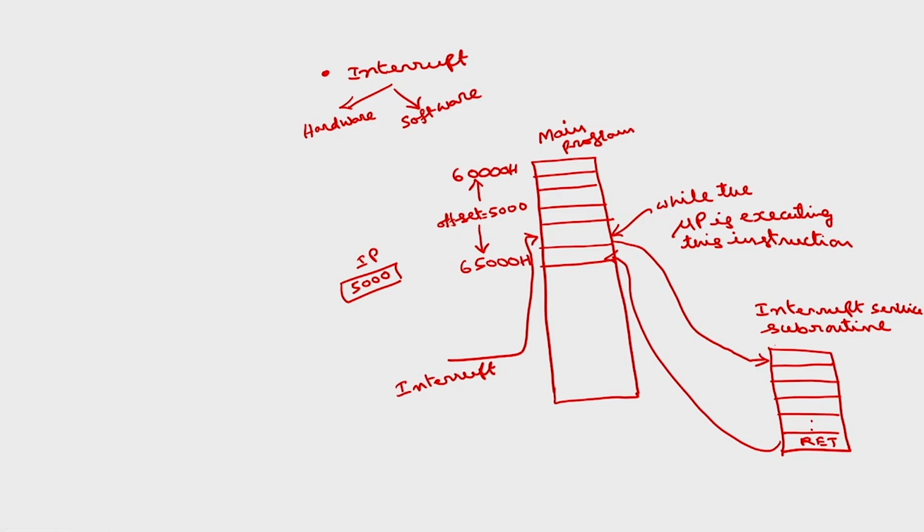In 8086 there are many software interrupts that I will discuss. There are two hardware interrupts in 8086. They are called INTR and NMI.